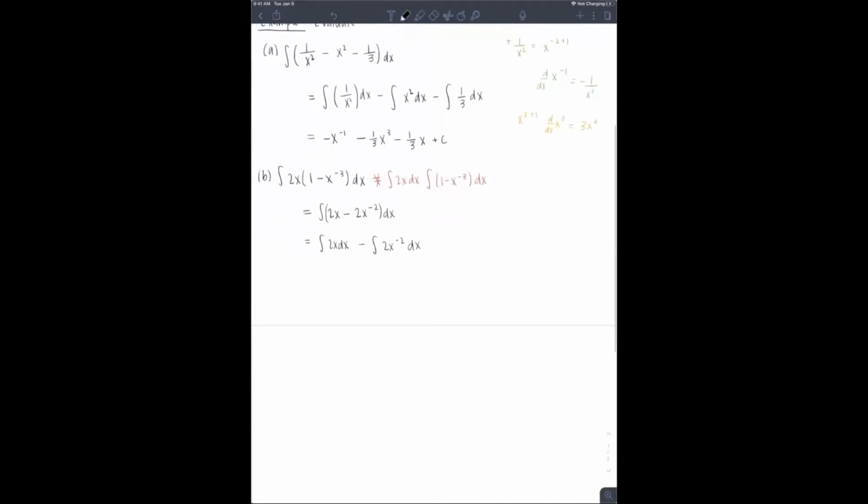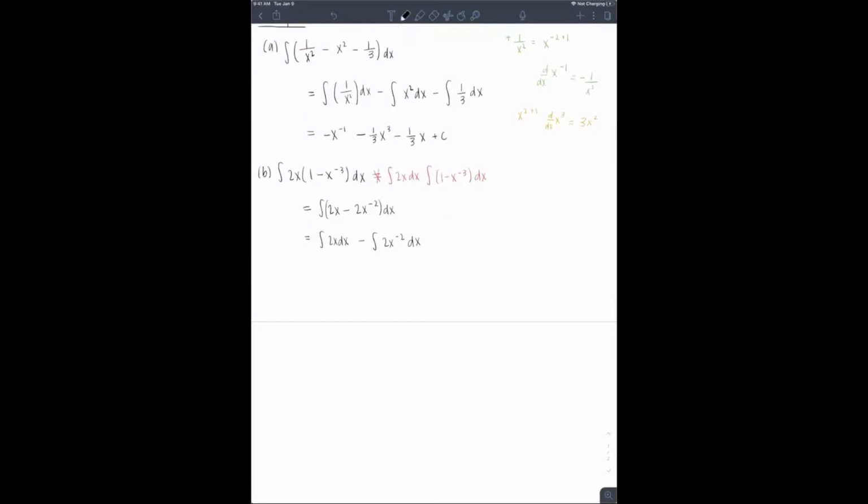And then here, so what's the antiderivative of 2x? What do I need to do to the power on x? Yeah, so you're going to take your x and you're going to add 1 to that power, right?